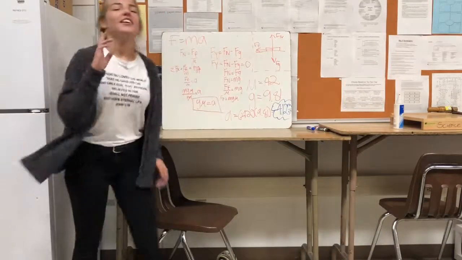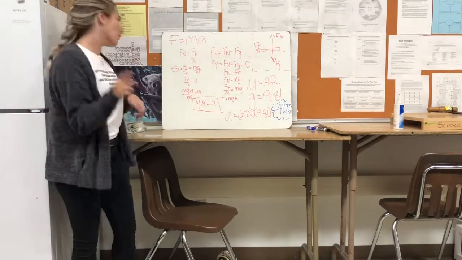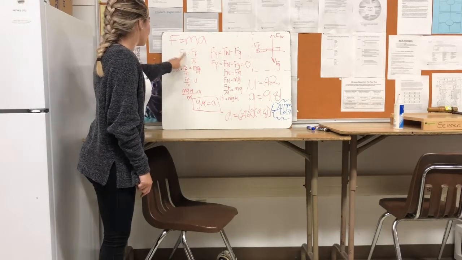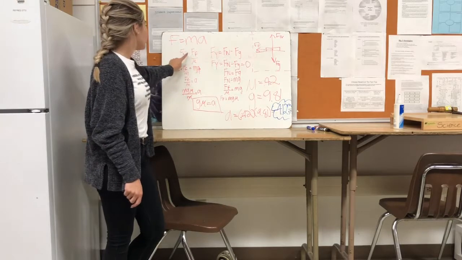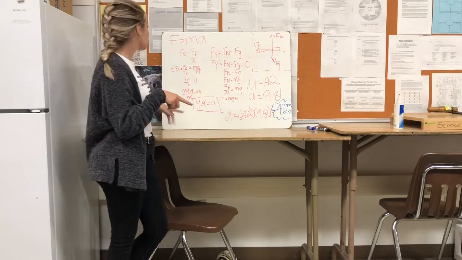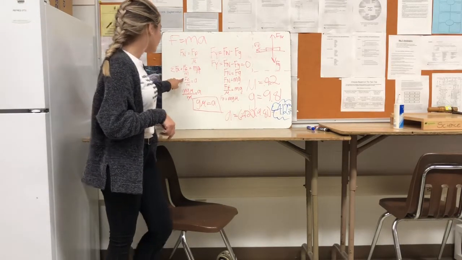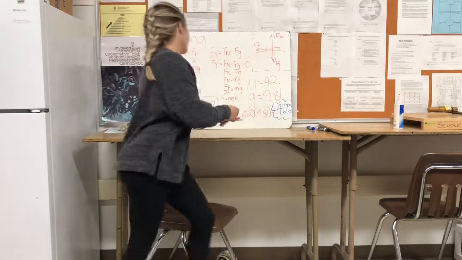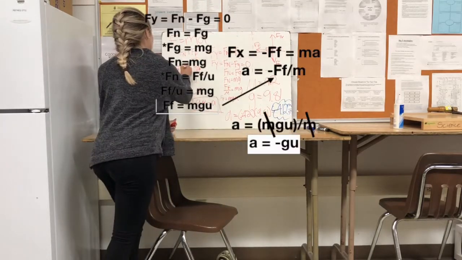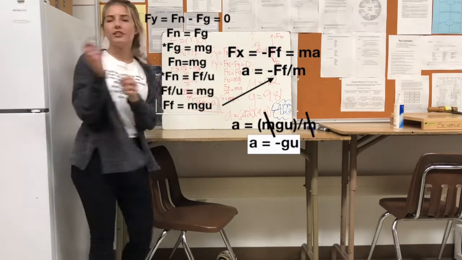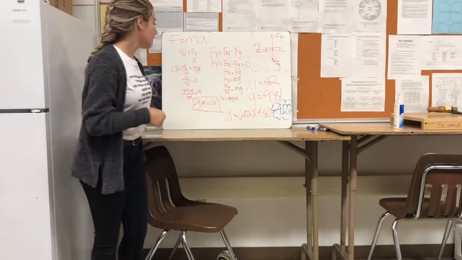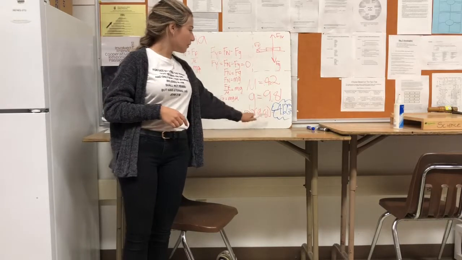Well, Jasmine, you did a great job, but you only forgot one thing. Force of friction is negative in this case because it's going against the object's motion. So when we get all the way down here, our equation is going to be acceleration equals negative g mu. And then when we plug these in, we get the final answer.